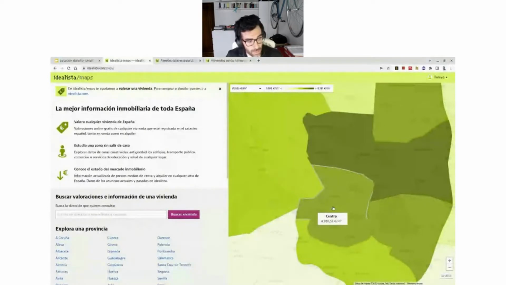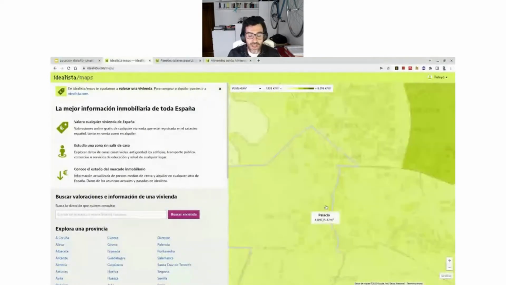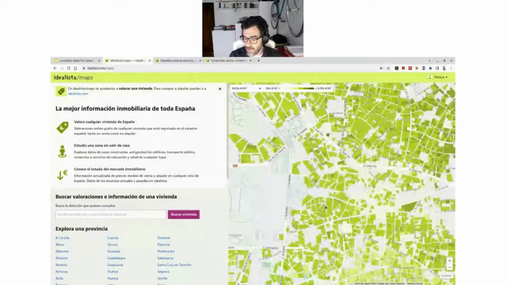And even more, what we have done here is that we have exploited a really nice public database in Spain, which is the Spanish Cadastre. The Spanish Cadastre is an exhaustive registry of all real estate properties in the country.